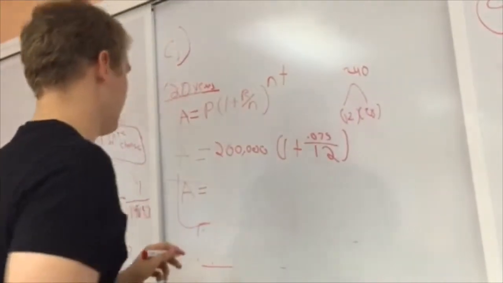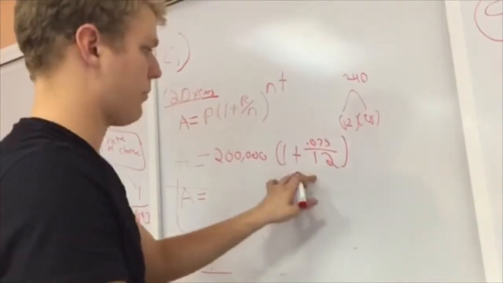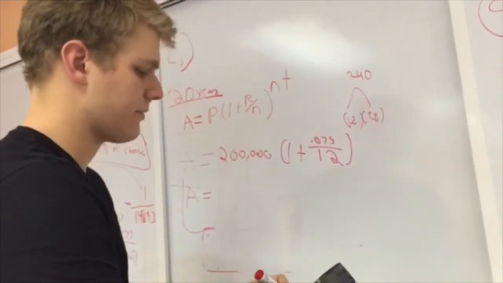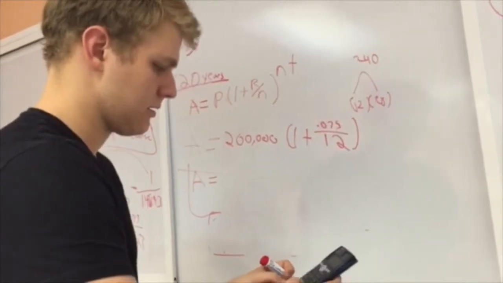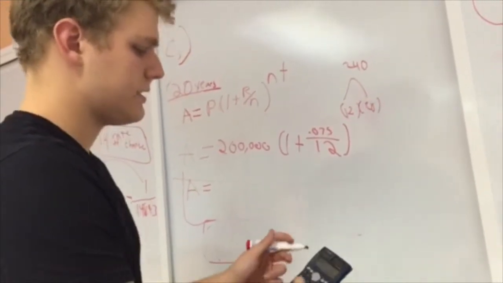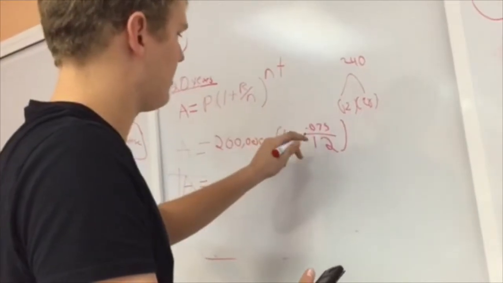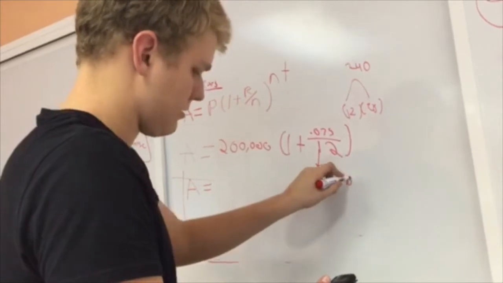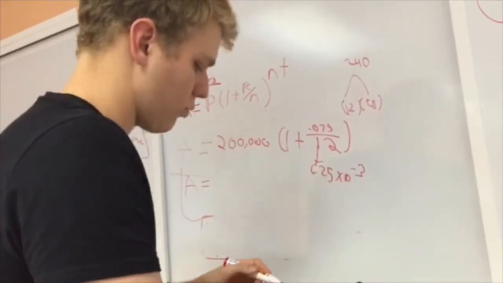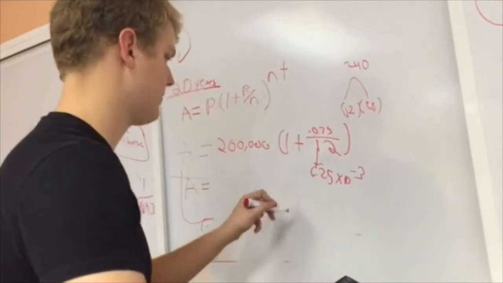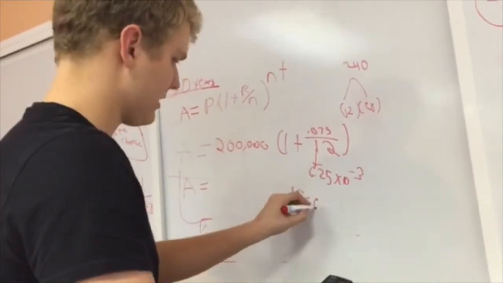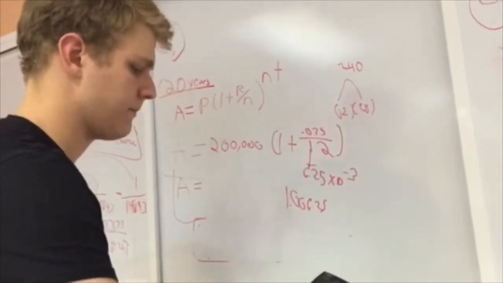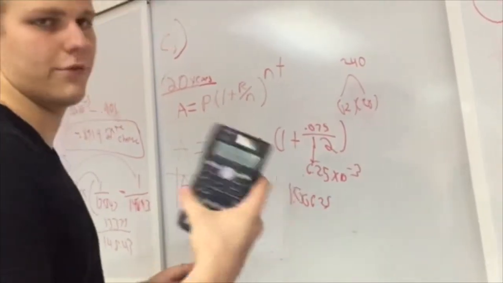In the parentheses, divide 0.075 over 12, which gives you 6.25 times 10 to the minus 3. Add 1, so it's 1.00625, and raise it to the power of 240.